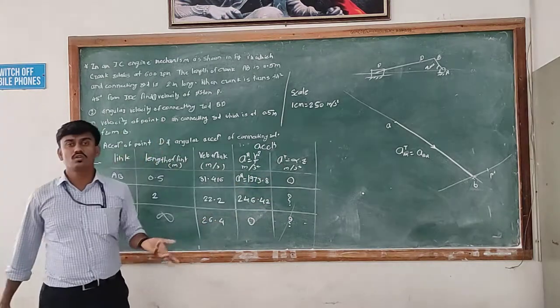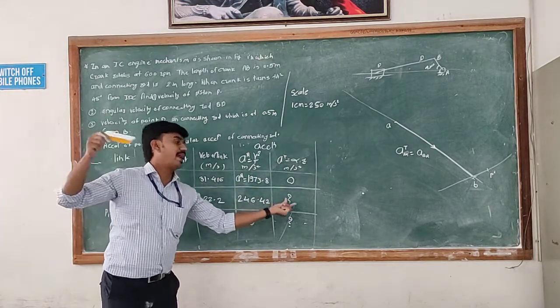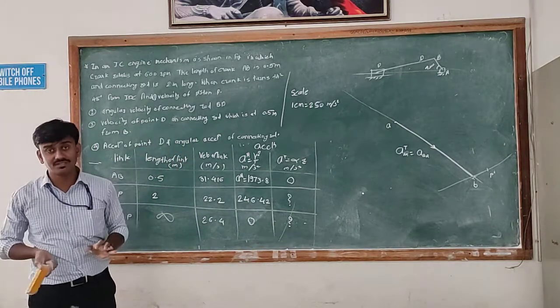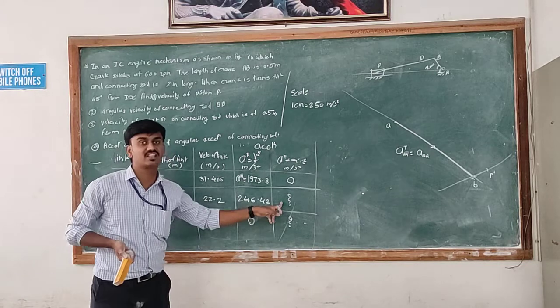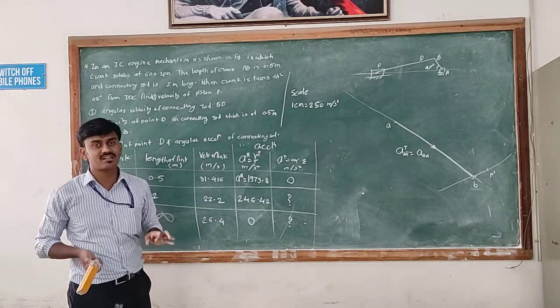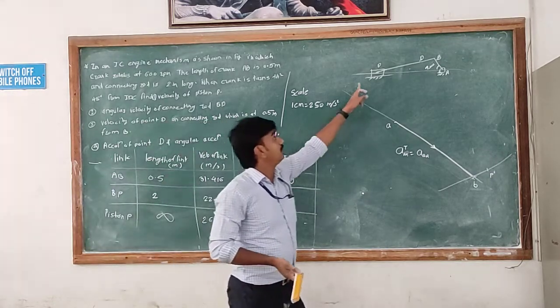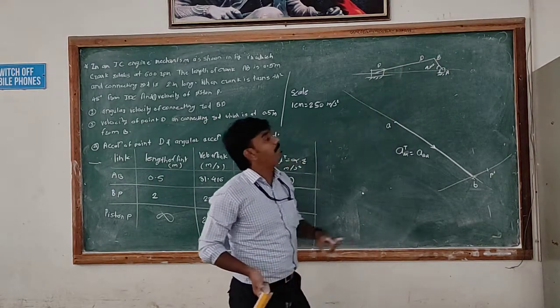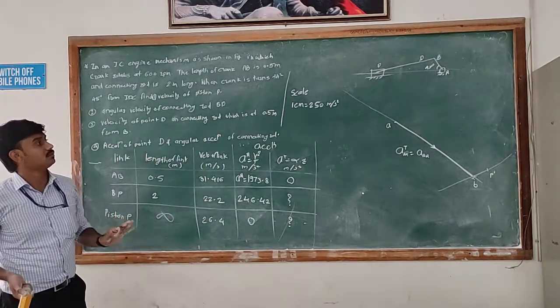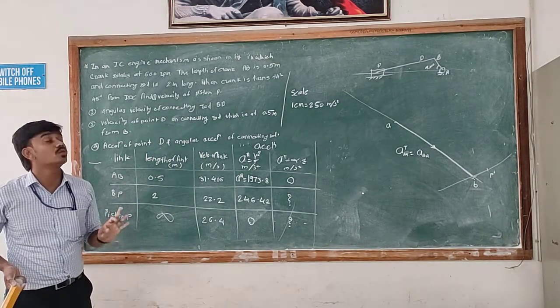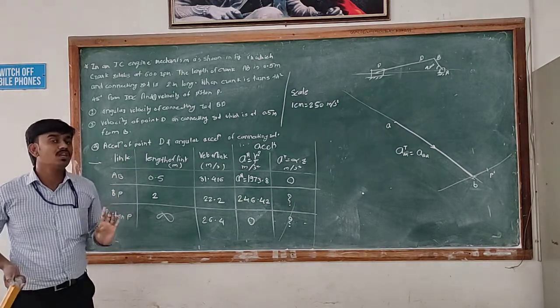Tangential acceleration: we don't have the magnitude of the tangential acceleration, but we have its direction. The tangential acceleration is perpendicular to the link BP.